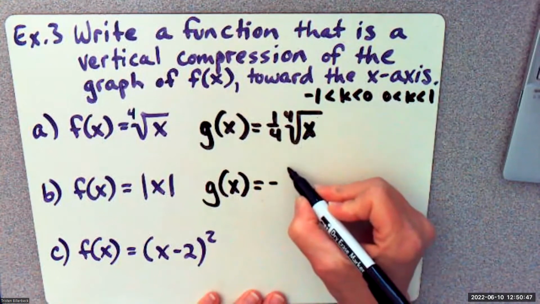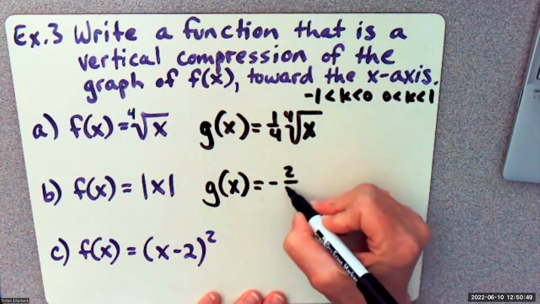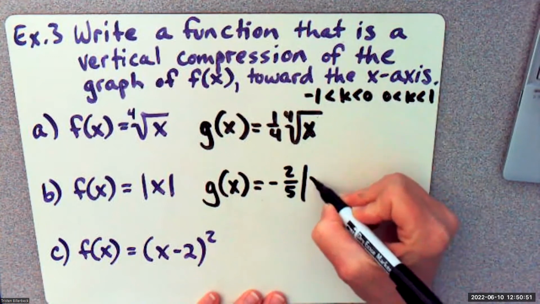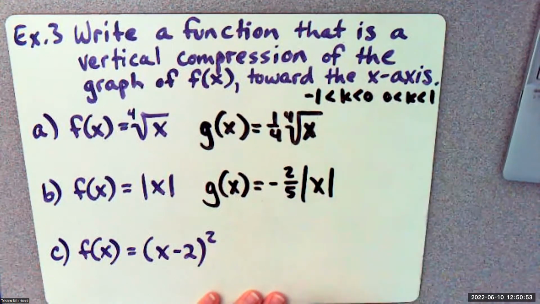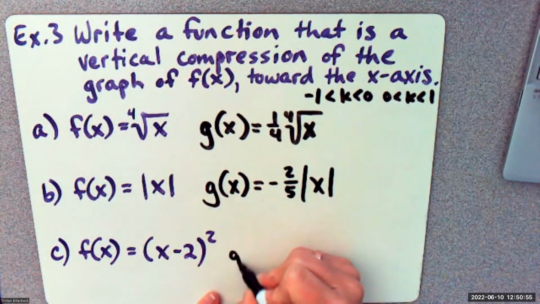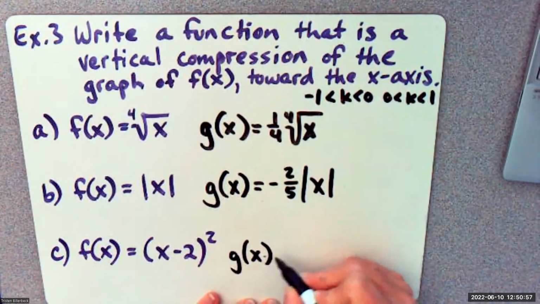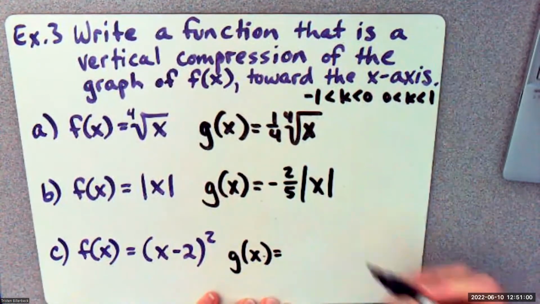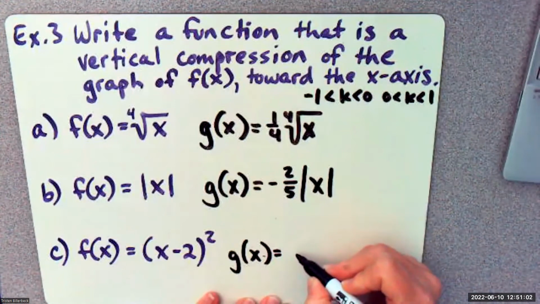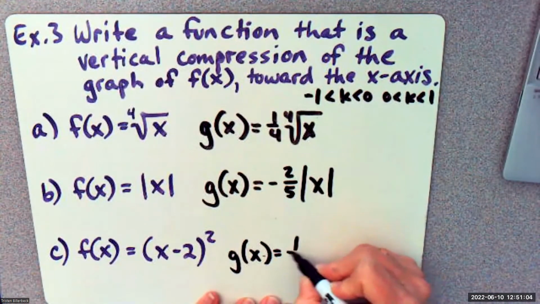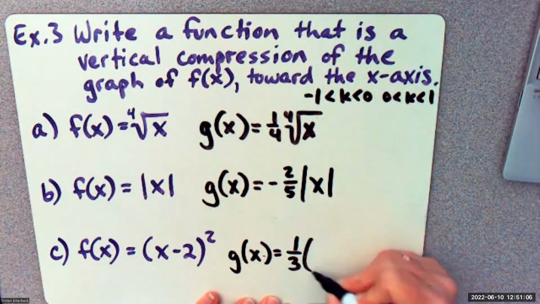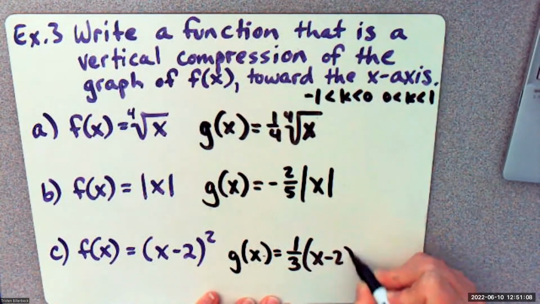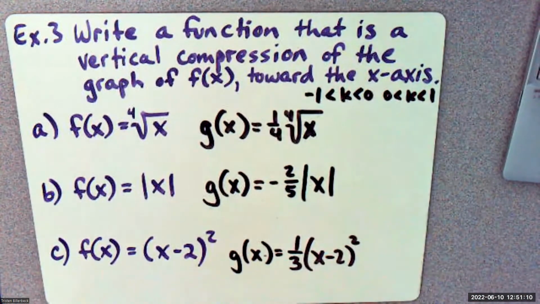We could say -2/5 the absolute value of x. And then this one, we have g of x equals, let's just make it 1/3 (x minus 2) squared. So it's just going to be pulling it down a bit.